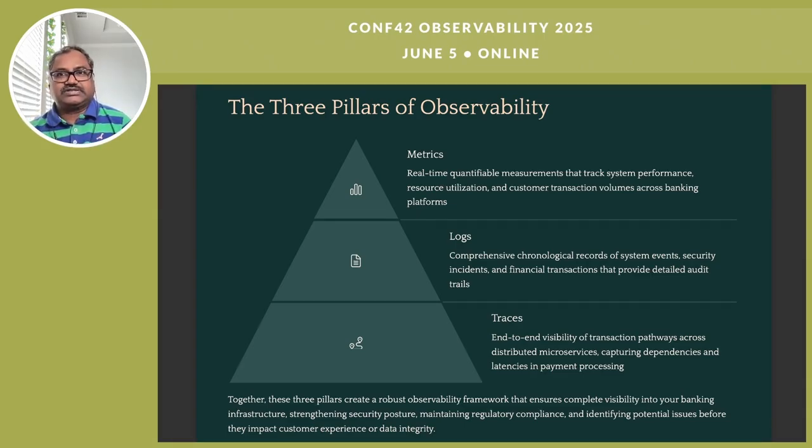The applications provide logs, comprehensive chronological records of system events, incidents, and financial transactions that provide detailed audit trails. And we have traces, giving end-to-end visibility of transaction pathways across distributed microservices, capturing the dependencies and latencies in payment processing. All these three make up observability.